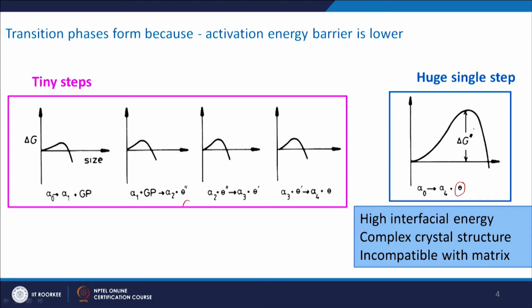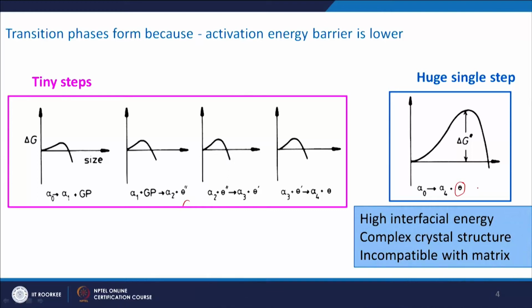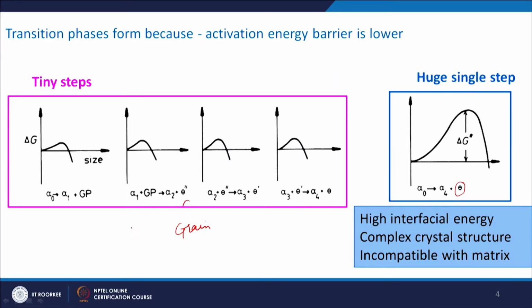So if you take this huge step which has a very large activation barrier, you need a site which can provide that activation energy to you, okay, and that is where you use the grain boundary for precipitation. So we do not want this to happen, okay. So that is why we do quenching, and then we take these tiny steps to form the precipitate within the grain. So all this process we are doing is so that we can have precipitate within the grain.